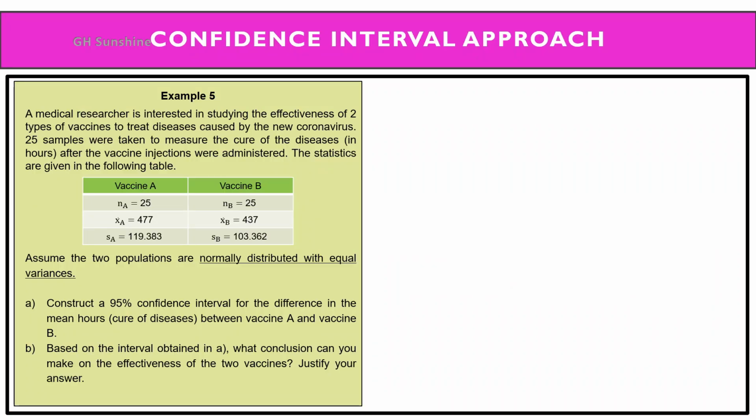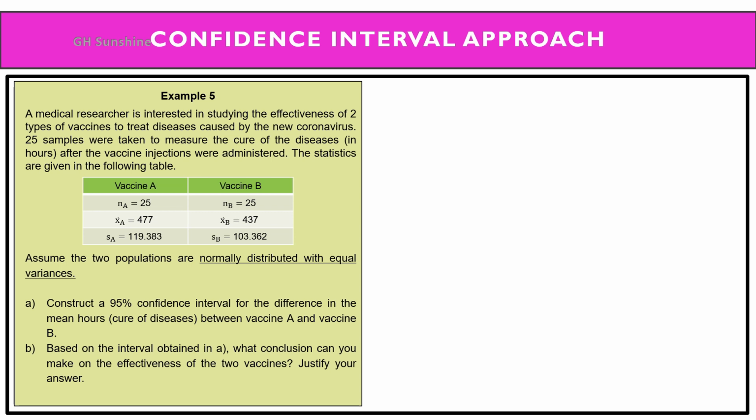Here is the confidence interval approach. Let's say a medical researcher is interested in studying the effectiveness of two types of vaccines to treat diseases caused by the new coronavirus. 25 samples were taken to measure the cure of the disease after the vaccine injections were administered.